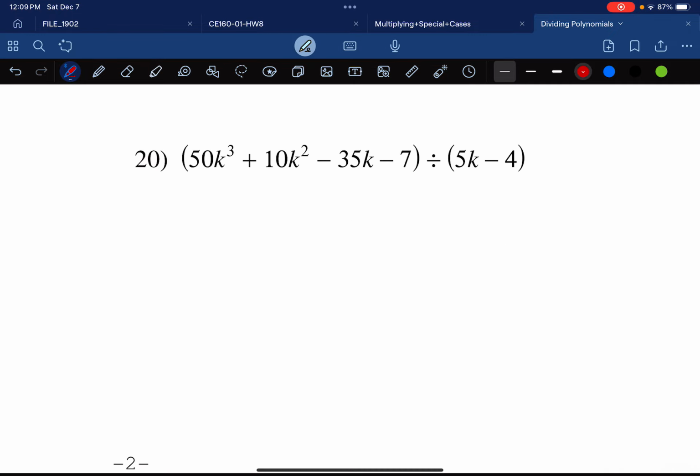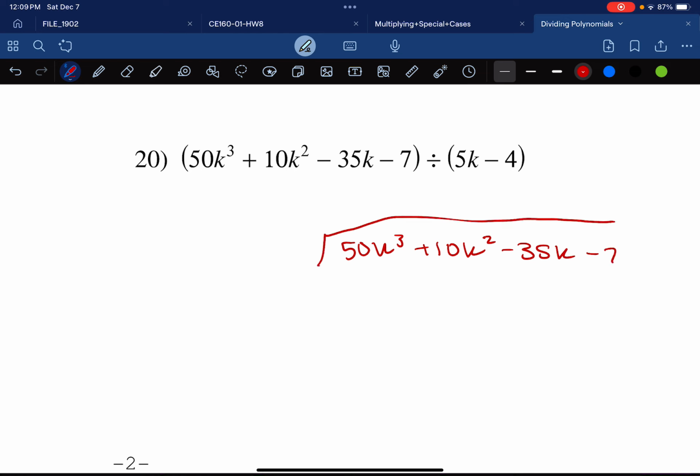We did this one in class too, so let's do 50k to the third plus 10k squared minus 35k minus 7 divided by 5k minus 4.